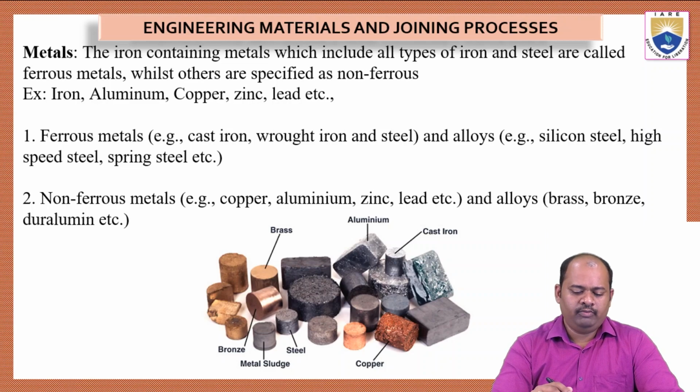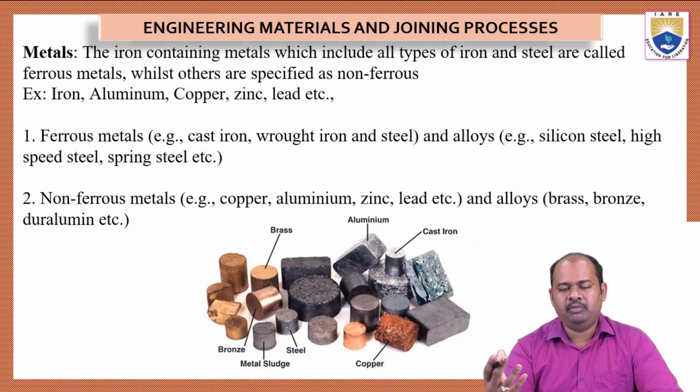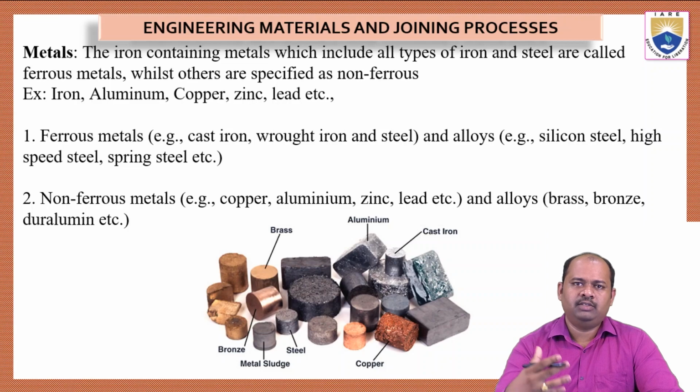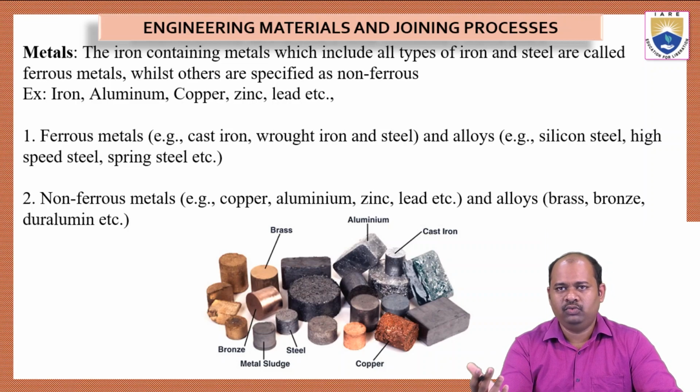When we see the basic definition of a metal, they are broadly divided into two types: ferrous metals and non-ferrous metals. Iron is one of the many metals available in nature, but iron has many more applications when compared to others.